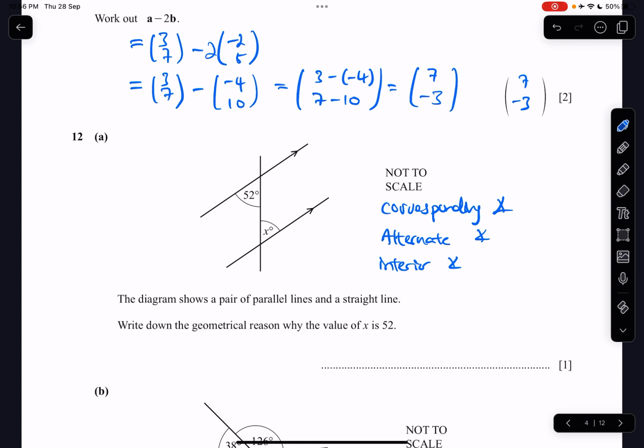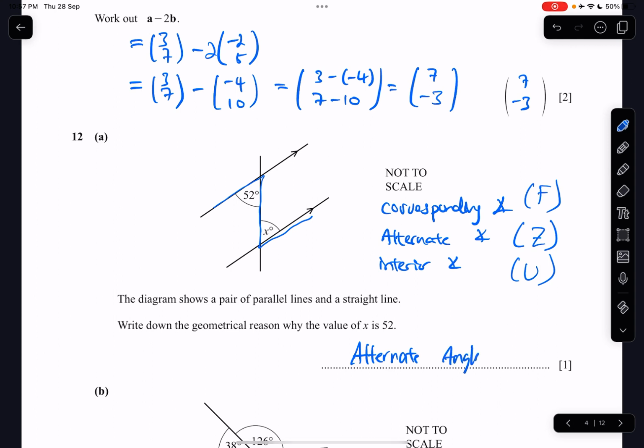In this case, this is the Z. Corresponding angles will be the F, and interior angles will be the U. So in this case, this will be the Z, so we will be using alternate angles. The geometrical reason will be alternate angles.